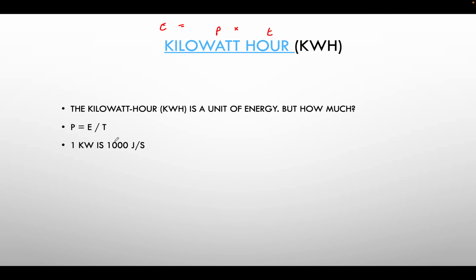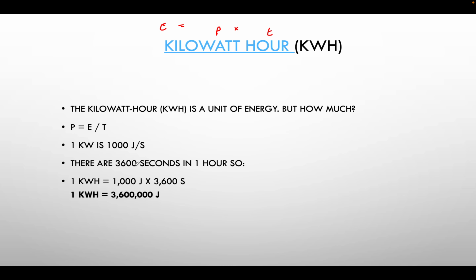1 kilowatt is 1,000 joules per second, because kilo means 1,000. Power being energy over time, joules over seconds. That's how we have joules per second. We also know there are 3,600 seconds in 1 hour. 1 second times 60 to make a minute, times 60 again to make an hour. 1 times 60 times 60, 3,600.